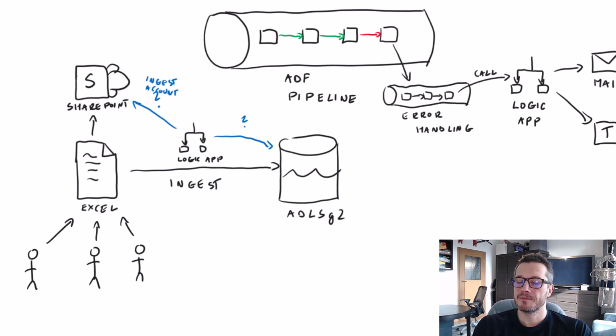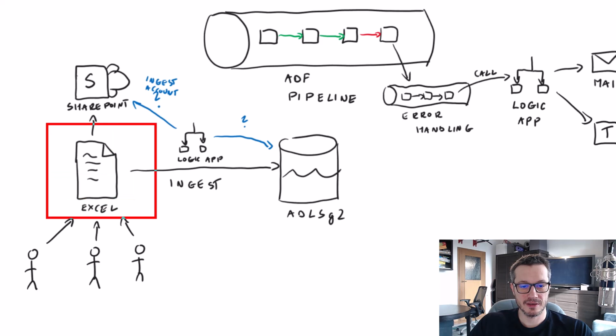Now, one more thing to discuss is, alright, but how do we want to trigger our Logic App? Do we really want it to be started every 15 seconds? In real life, probably not, because what's the point of doing this? And again, it depends on our requirements. It depends how often this file changes.